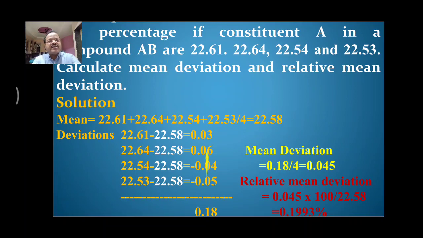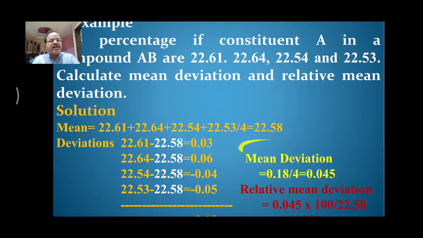So these are the individual deviations. Now if we take the total of these, that comes to be 0.18.